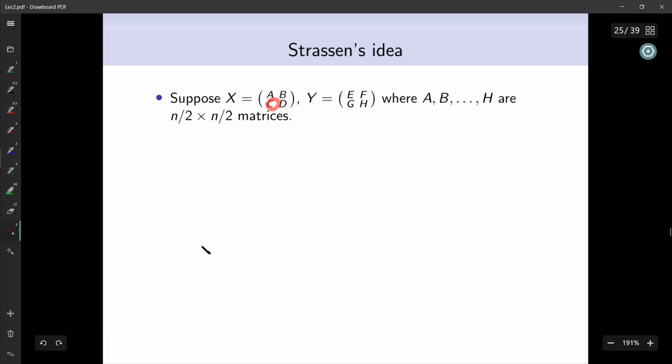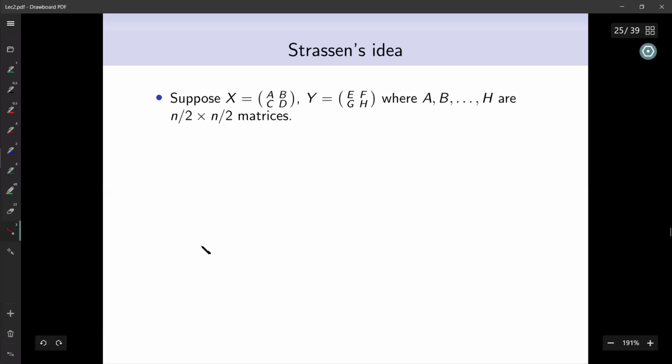The first n by 2 columns and first n by 2 rows give me the first matrix A, and the next n by 2 columns and the same first n by 2 rows give me matrix B, and then C and D, and so on.